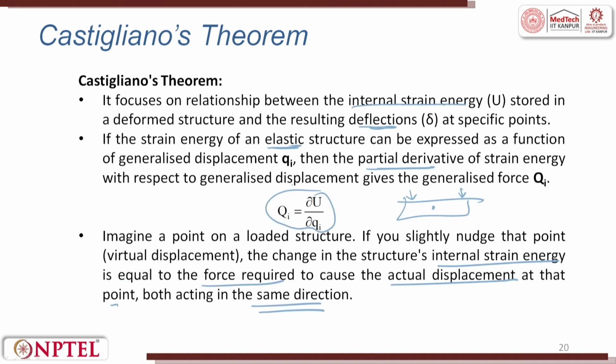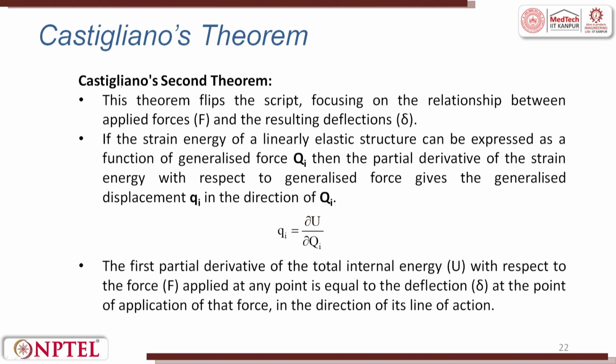So, this theorem basically goes around this equation. In this equation, you will have energy which is stored and you will have Qi, which is nothing but displacement. Castigliano's second theorem, this theorem flips the script, focusing on the relationship between the applied force and the resulting deflection del.